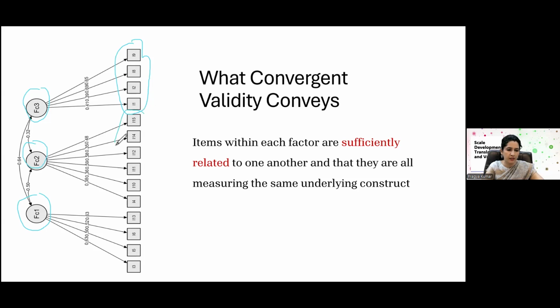Sorry, the upper one was for factor 3. What convergent validity says is that within each factor, the items are sufficiently related to this factor and related with one another, so that they are all measuring the underlying construct. That is what we mean by construct validity, and the specific type of construct validity is convergent validity.